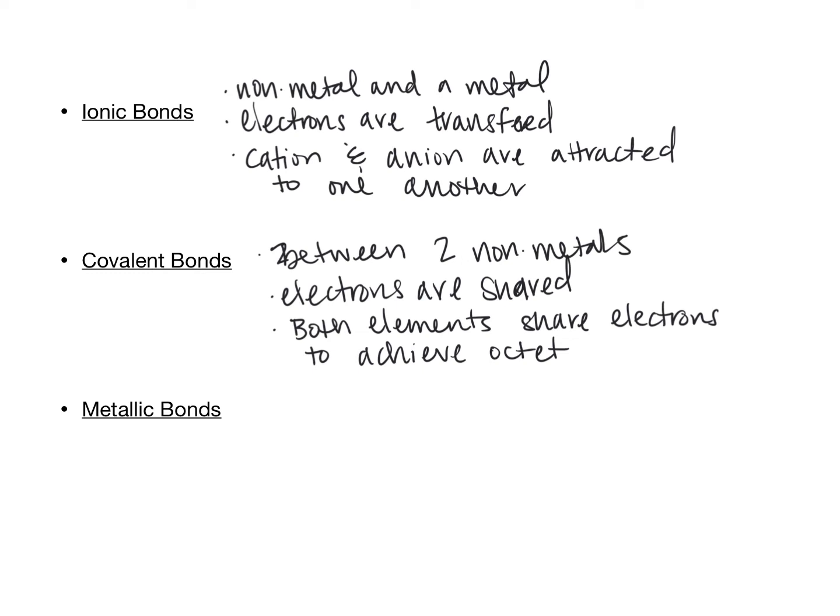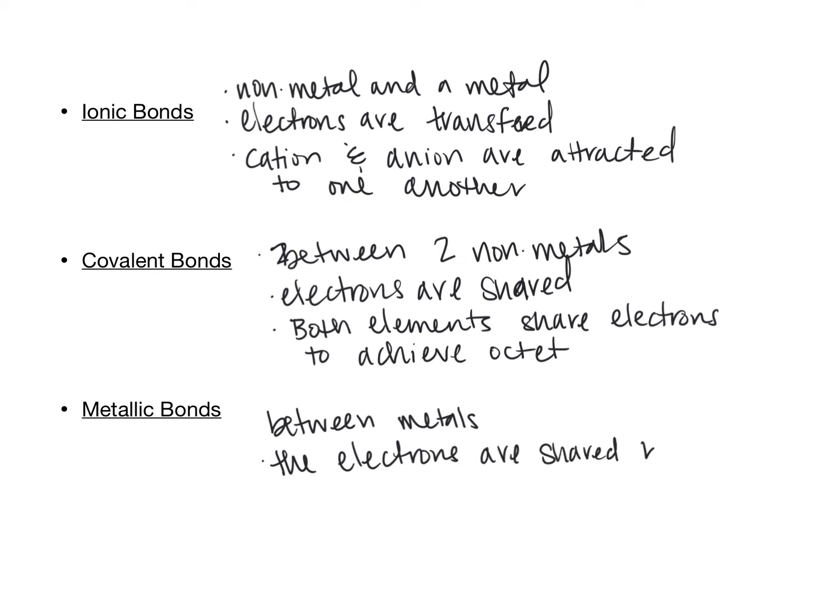The last classification is metallic bonds, and these are between metals. We can think about this, whether it's a metal complex, meaning more than one type of metal, or a single metal, such as a chunk of iron or something else. So the electrons are shared between all elements.